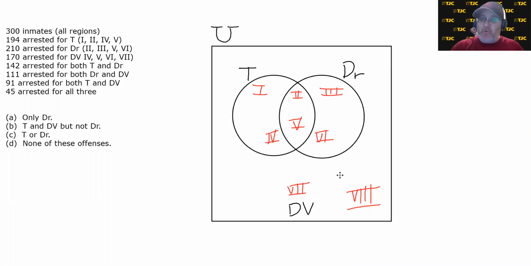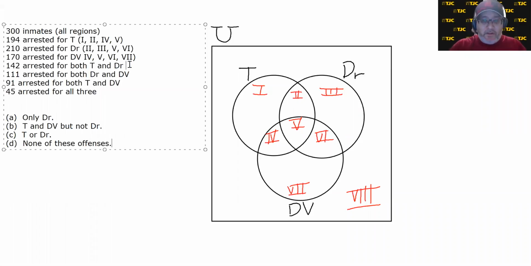That football in the middle, which is made up of regions 2 and 5. So I can't put the 142 yet because it needs to be split amongst those 2 regions, nor can I put any of the other numbers yet because none of them represent a single region.